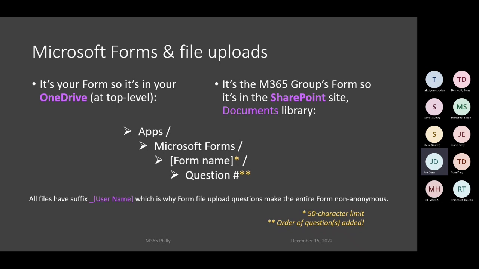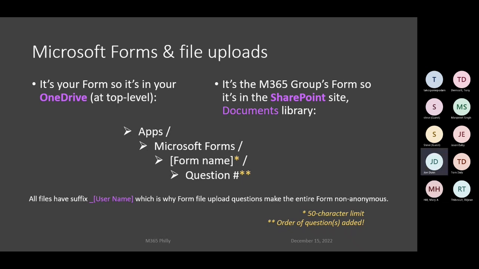So it's going to be in the SharePoint site documents library in the apps folder, Microsoft Forms, form name, questions, right? And when a file gets uploaded, it's always going to append the suffix for username. So when you do that in Forms, it does tell you that you can't make this form anonymous because it's going to record their name as part of the file.